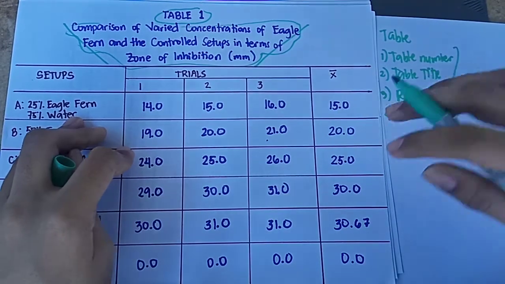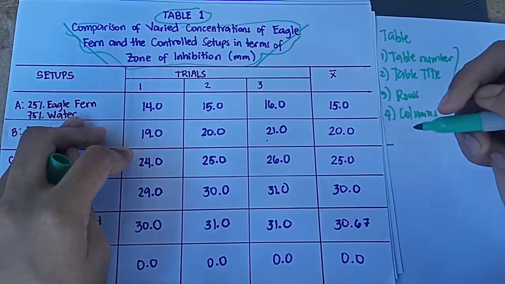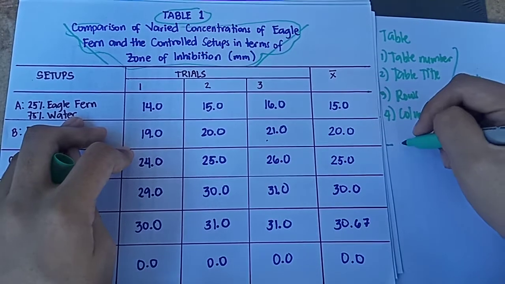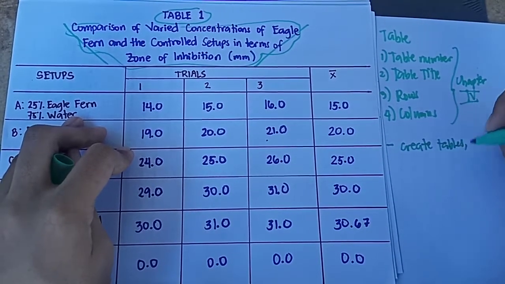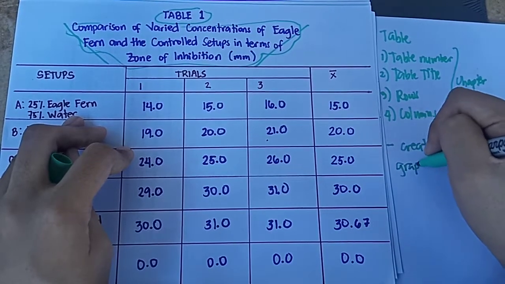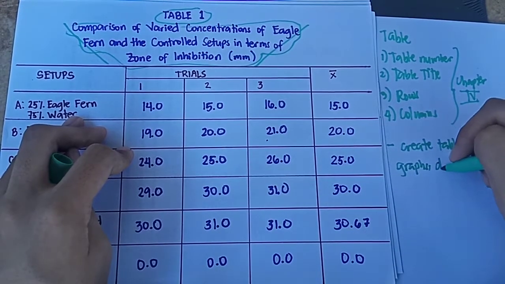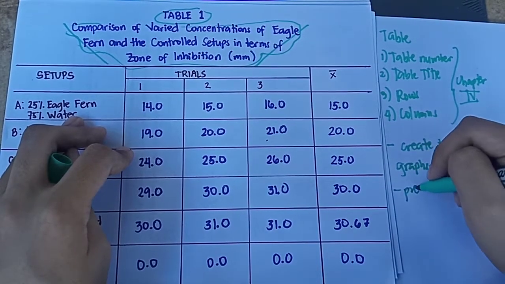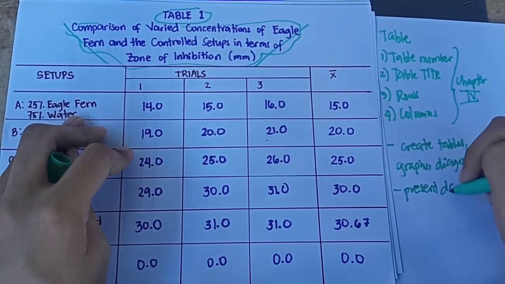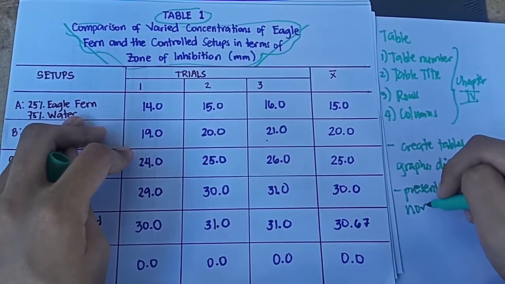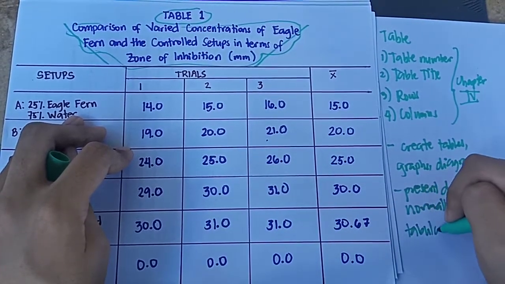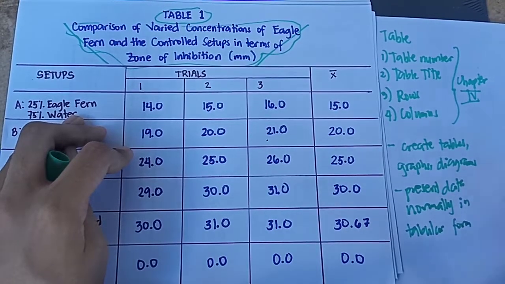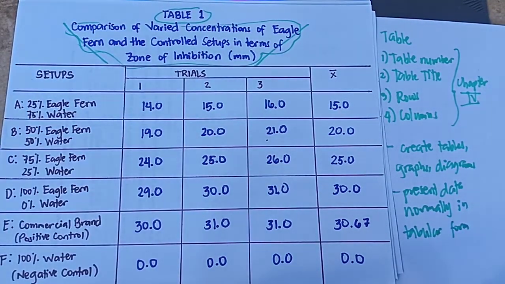Okay, so in organizing and interpreting data, we create tables, we create graphs, we create diagrams, okay, and we present data normally in tabular form. So that is how we organize data.